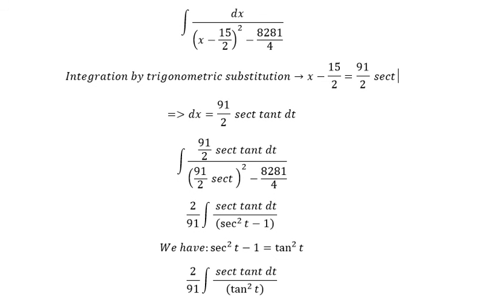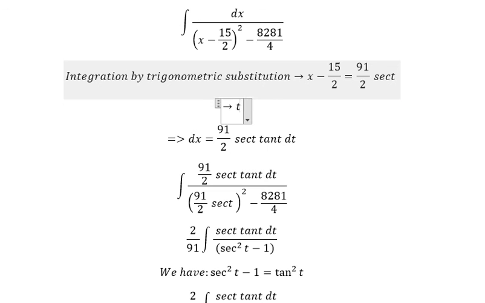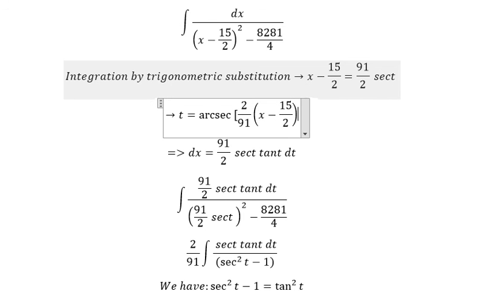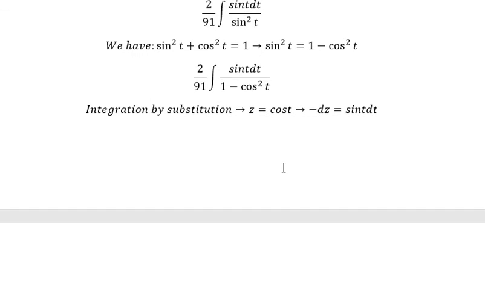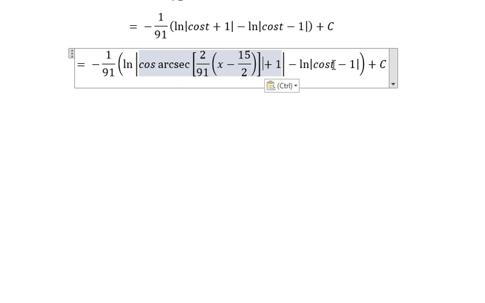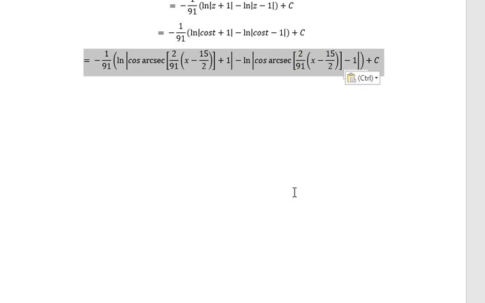So we will get the value of t equal to arcsec, and we have 2 over 91 multiplied with x minus 15 over 2, and we put this one in here. And this is the final answer.